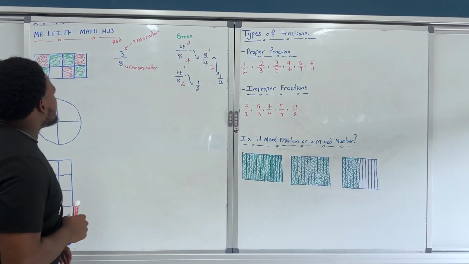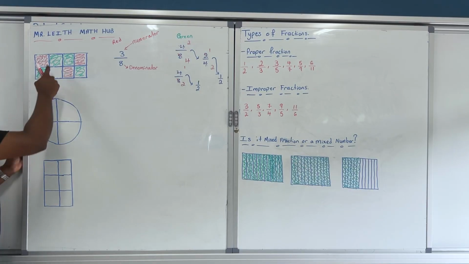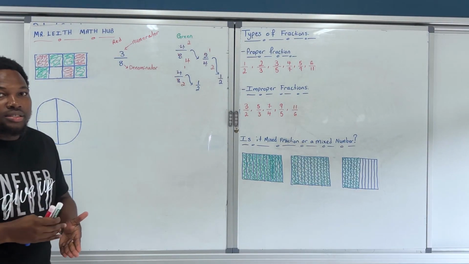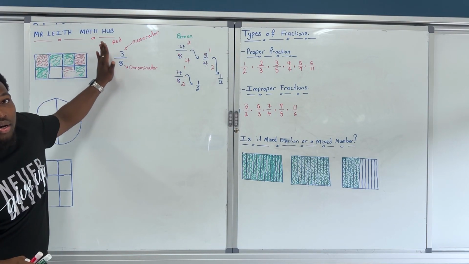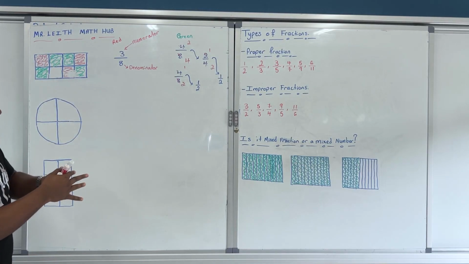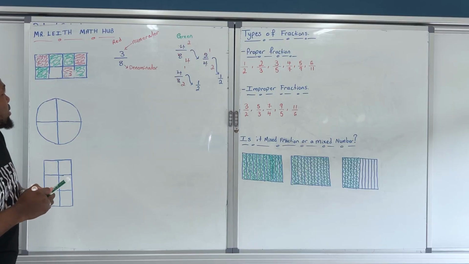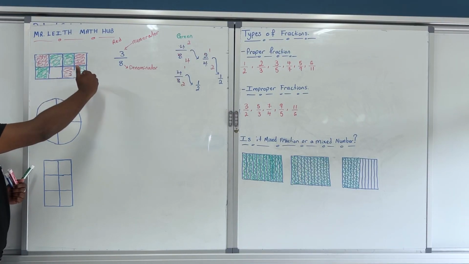So we're talking about the 4 over 8, which is my sister, which is green. 1, 2, 3, 4. She has just eaten 4 slices of the 8. Think about it, if we're thinking about this going horizontally, this is split up into 2 parts: 4 on the bottom, 4 underneath.